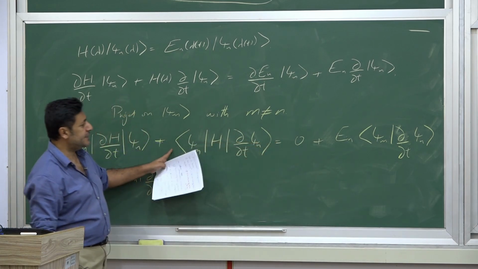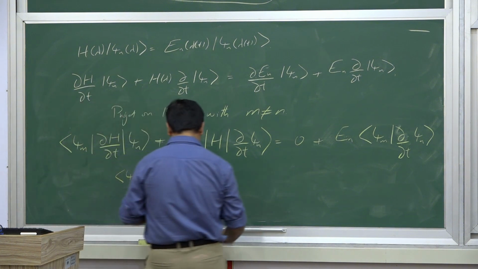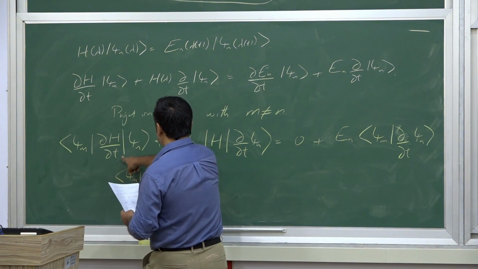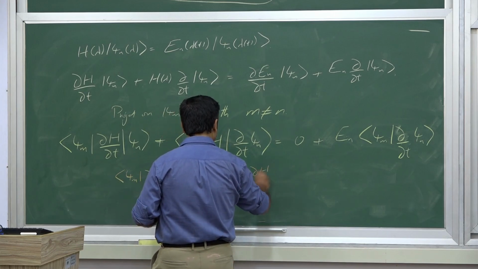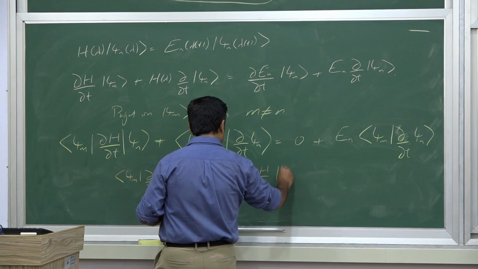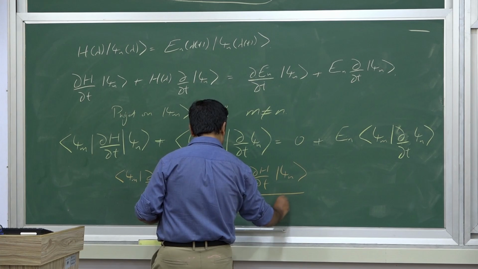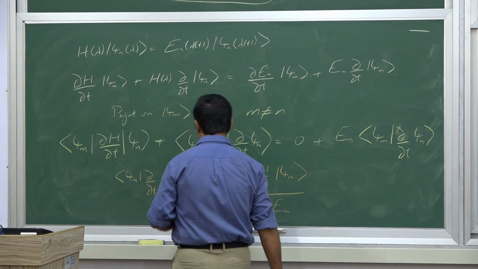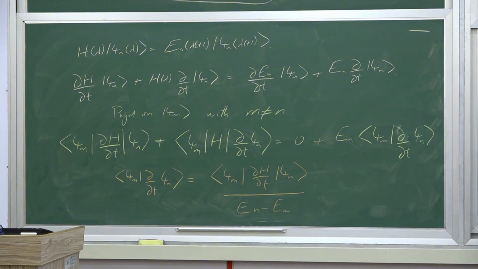So this picks up an Em, take it to the other side, you get an En minus Em. And then this term is left. And I have En minus Em. So you put it back in here.